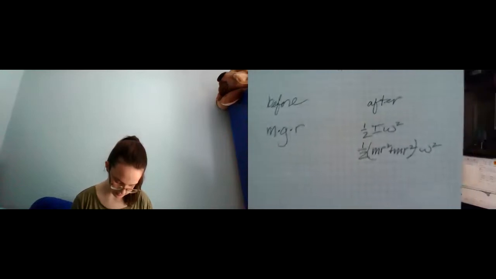So this is mr squared, and then I shift m a distance r, so I is going to be mr squared plus mr squared. One mr squared is about the center, and the other mr squared is because of the shift. So basically, these two things have to be the same.